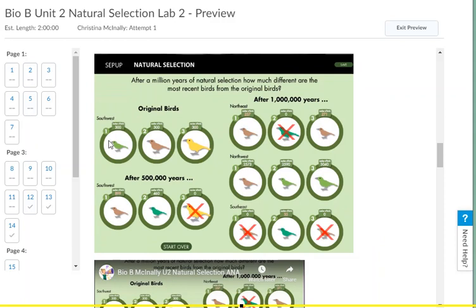So the original birds in the northeast, you can see how they evolved. The one population became extinct, and the other 2 evolved in the same direction. They both became medium to small size brown birds with straight beaks, right?